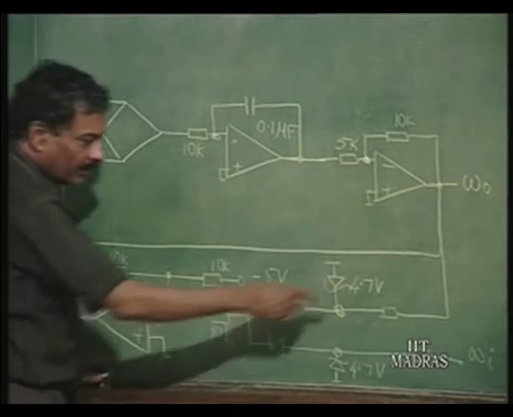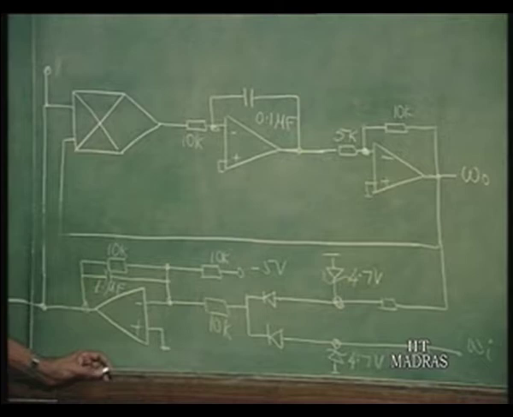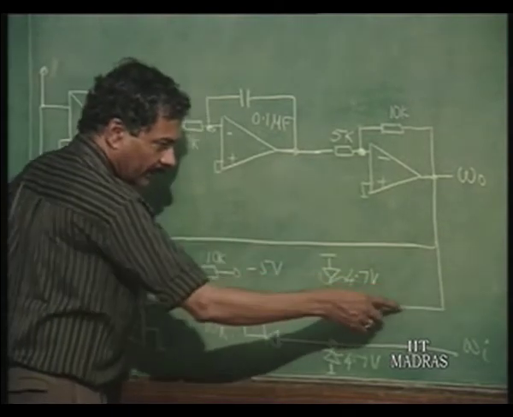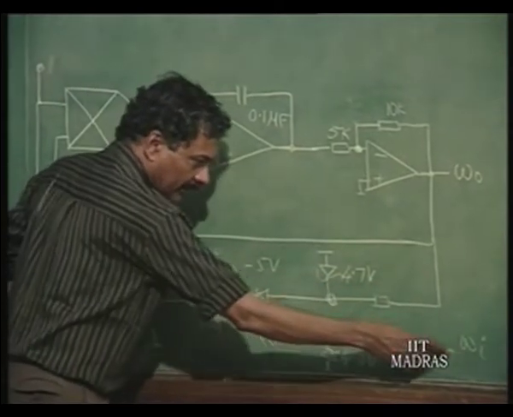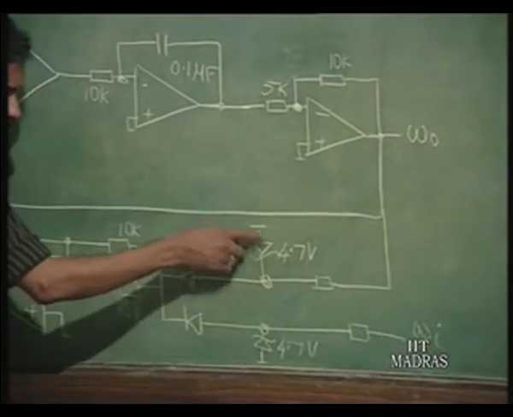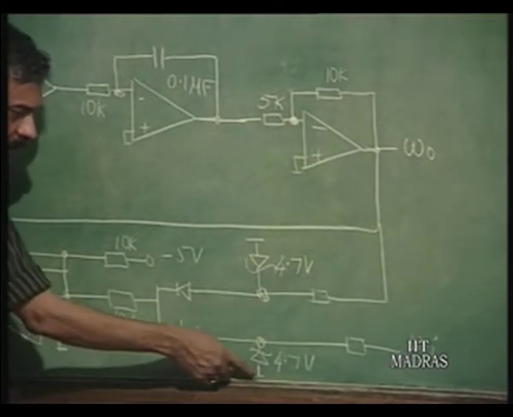Further, instead of the multiplier, I had also pointed out that we can use an OR gate in order to do the phase detection. That is what has been done. Output of the VCO is ORed with input. This is the amplitude limiting zener, 4.7 volts here and 4.7 volts here.